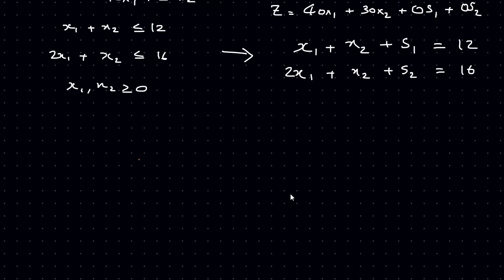We need a column for the basic variable and then the corresponding coefficient, and then the coefficients of all the variables, that will be for x1, x2, s1, s2, and then a column for the solution.